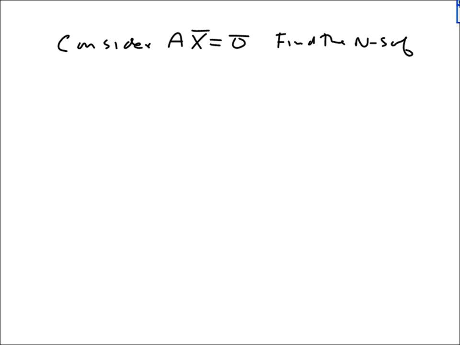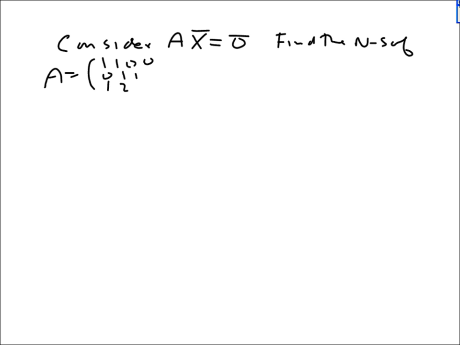Okay. Consider the homogeneous system AX equals 0. 0 and X are there. And we want to find the null space of A, which equals 1, 1, 0, 0, 1, 1 sounds good, and, well, how about this one?